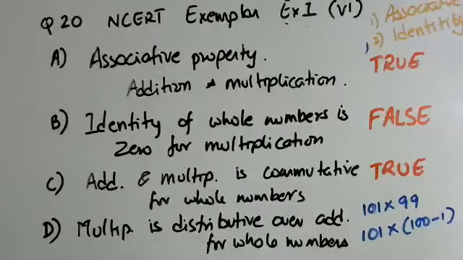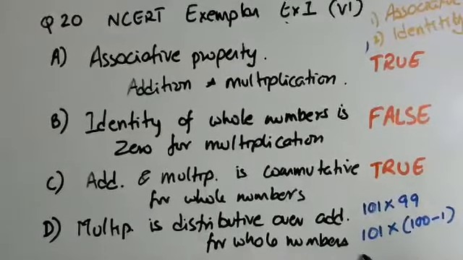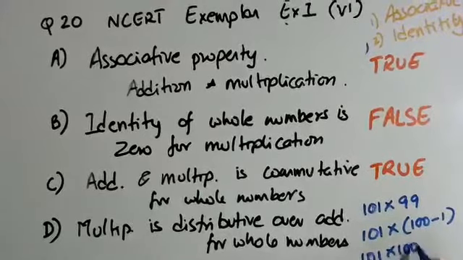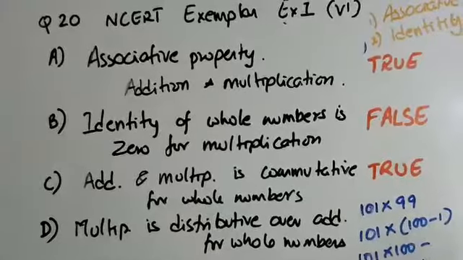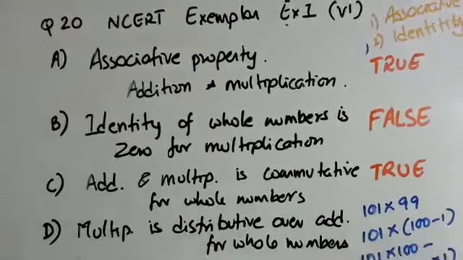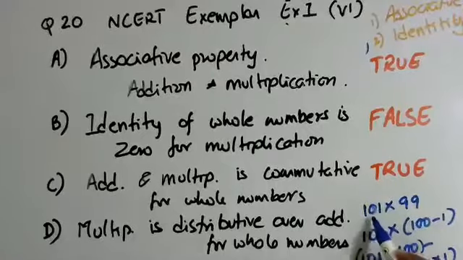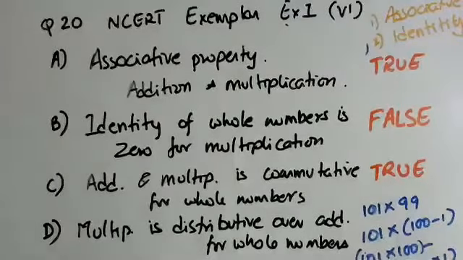Then it continues by 101 into 100 minus 101 into 1. Then you get the answer. Which means that multiplying two numbers can be distributed into an addition.